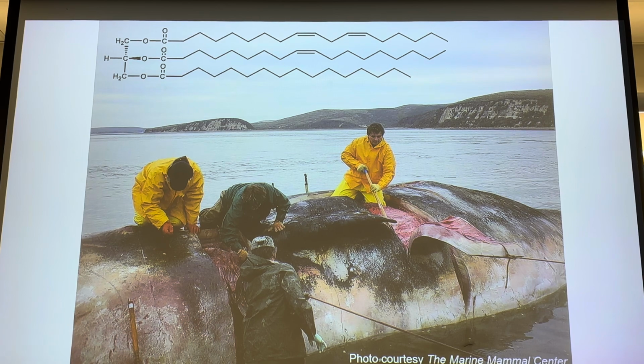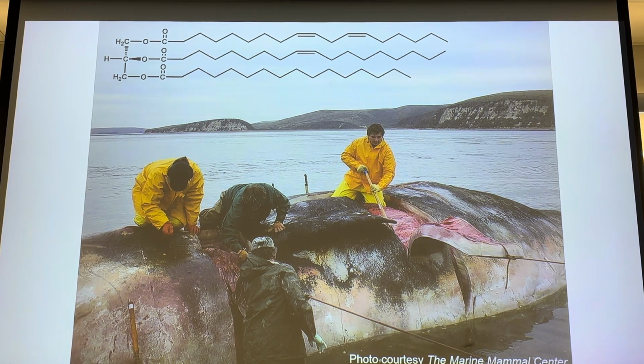Then come late fall, it starts migrating down along the Pacific coast, along the California coast, down to Baja, and there are some lagoons down there where they breed and give birth. Then in early to middle spring, they go back up north to the Bering Strait and feed.